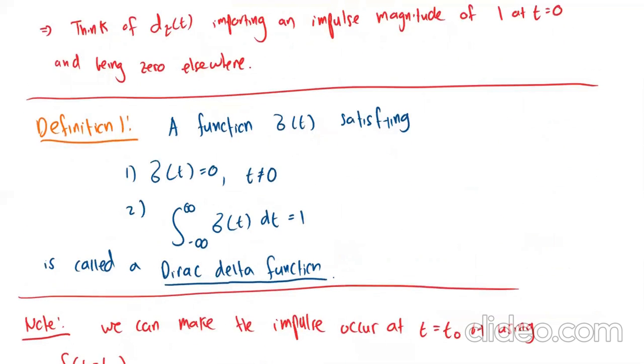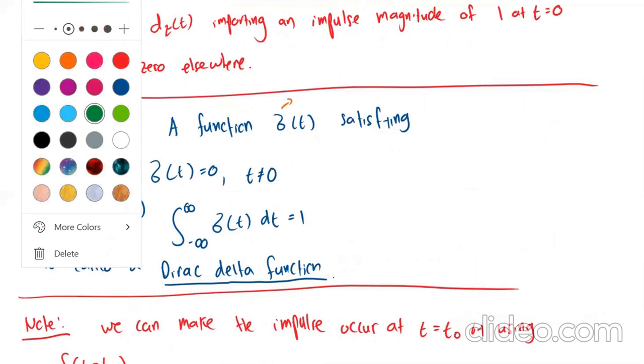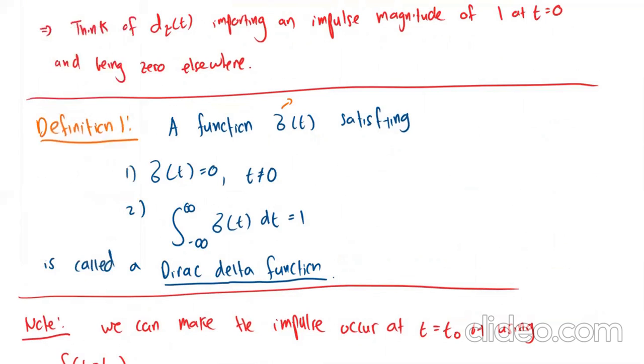So in general, any function, and this is the Greek letter sigma. I'm sorry that I'm introducing more Greek letters, but this is the common notation in basically every book I've read. So a function, sigma of t, satisfying both of these conditions, that it's 0 everywhere except at a single input. Here I'm taking the input to be t equals 0, t not equal to 0, but this could happen anywhere, and we can do that by shifting the delta function.